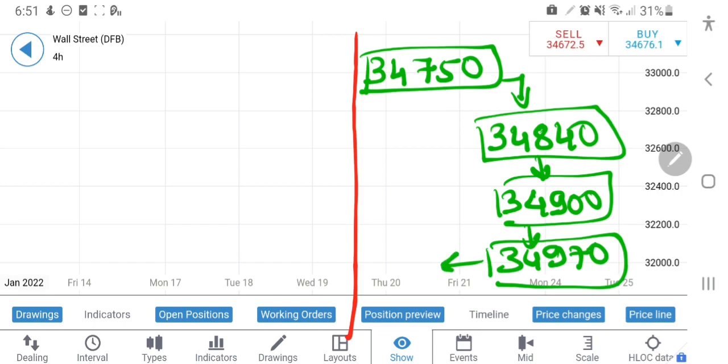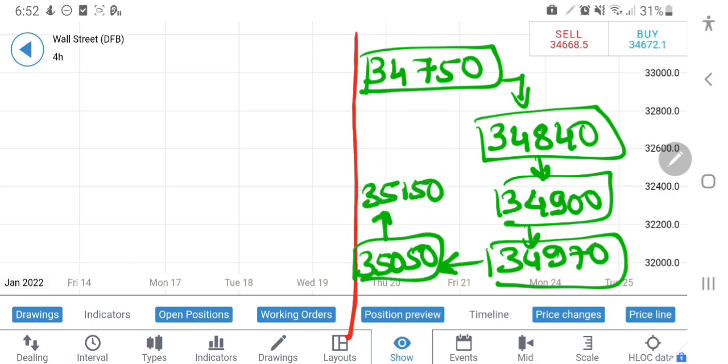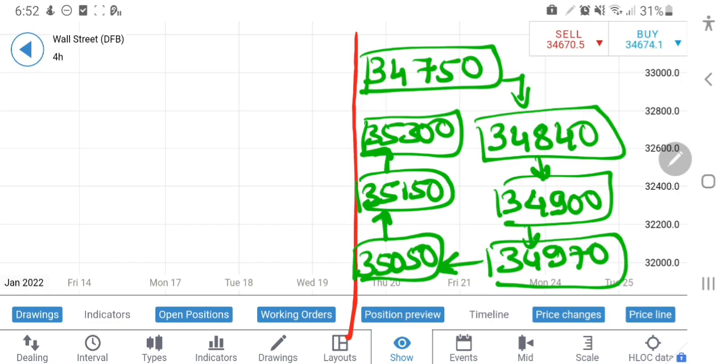Remember, once it reverses, it is going to be a big sharp movement, and probably we might see 35,050 and then 35,150, 35,300. So it can fly past these levels, it can go till these levels also.